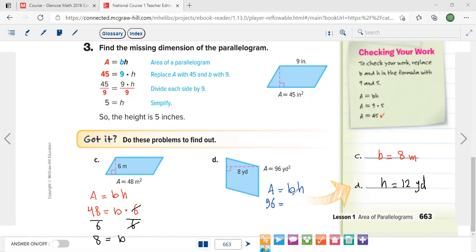The base is missing, so we write B, and the height is 8. So we should divide by 8. This is a multiplication equation, divide by 8, divide by 8. So that 8 got cancelled. 96 divided by 8 is 12. So B equals 12, B, not H. B equals 12 yards.